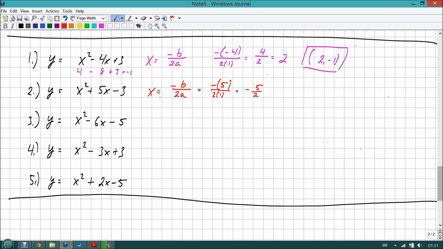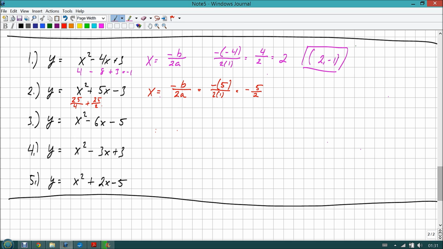For the next one, again, we have x is equal to negative b over 2a. Plugging them in, there we go. 25 over 4 plus 25 over 2, and then minus 3.